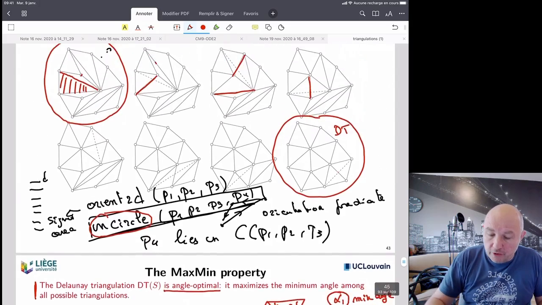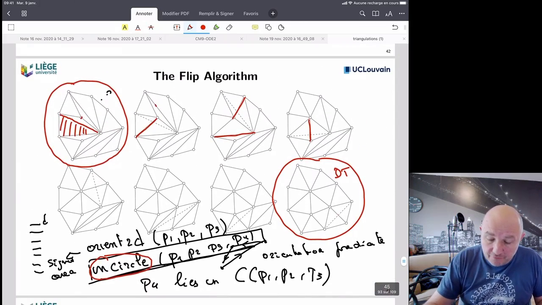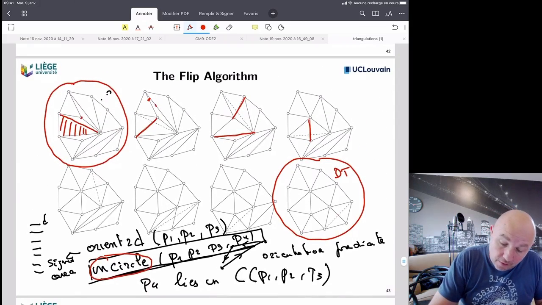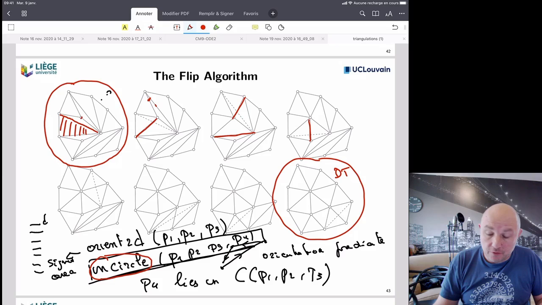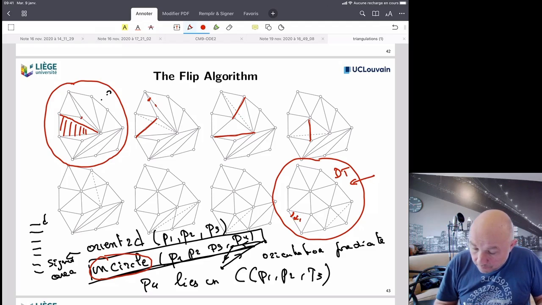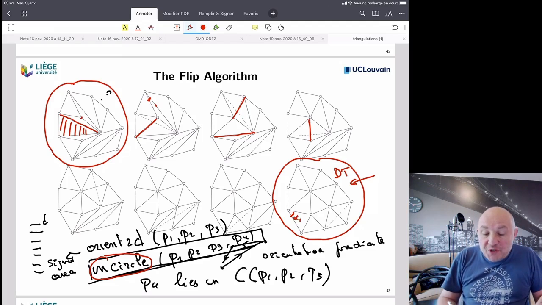So if we look here, for example, alpha 1 could be that one here, on this triangulation. But on this last triangulation, the Delaunay, alpha 1 may be that one. This is alpha 1. What do you see here?